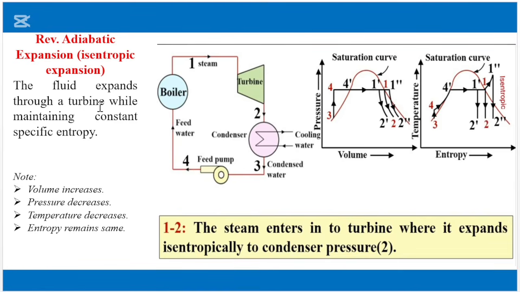So here the fluid expands through a turbine while maintaining constant entropy. Now let's look into the PV diagram. In the PV diagram, the expansion is happening here: 1 dash to 2 dash, 1 to 2, 1 double dash to 2 double dash. So whenever expansion happens, the volume increases.